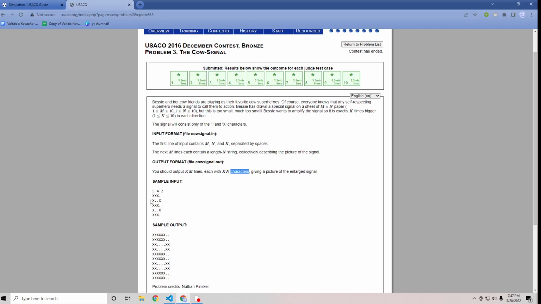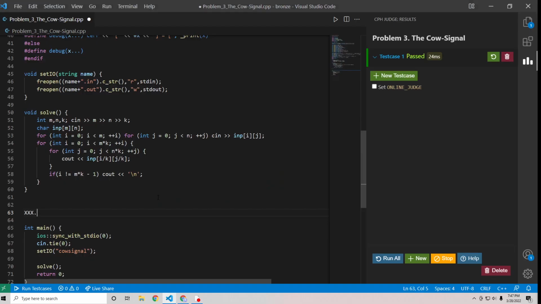The example they give is XXX dot, and we want to output XXXXXX dot dot, right? So now since we're going until M times K and N times K, this is going to be our range. This is what we want ideally. So now we know we're iterating, what is that, 8 times? So 1, 2, 3, 4, 5, 6, 7, 8.